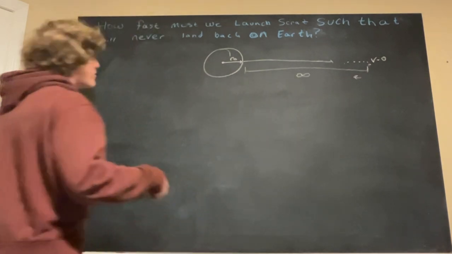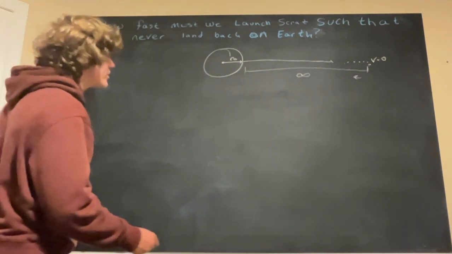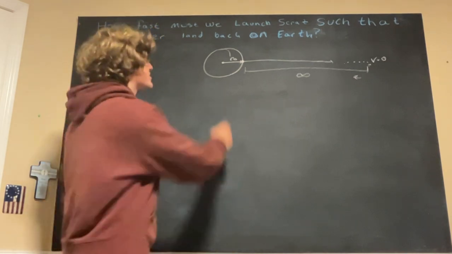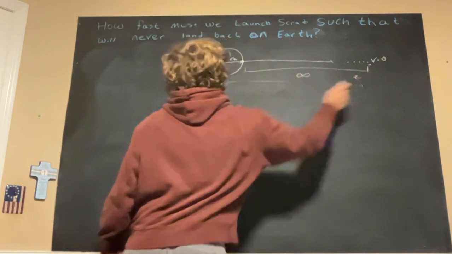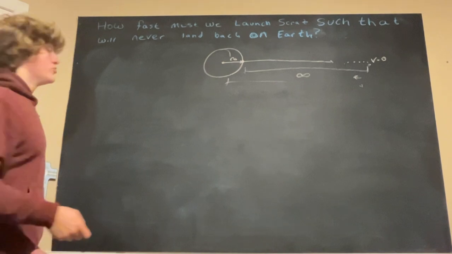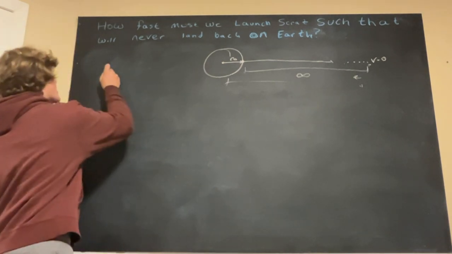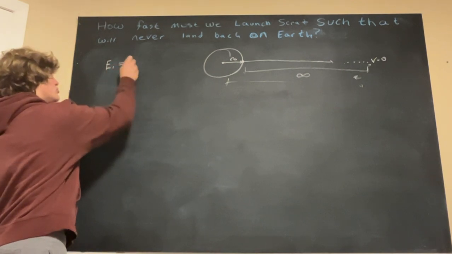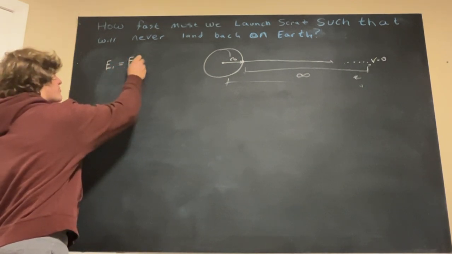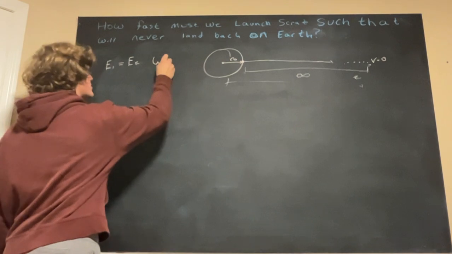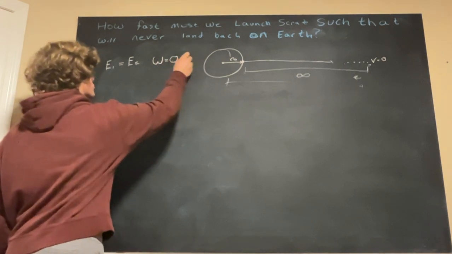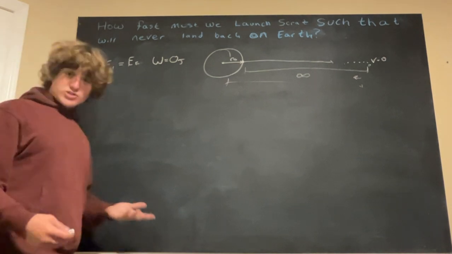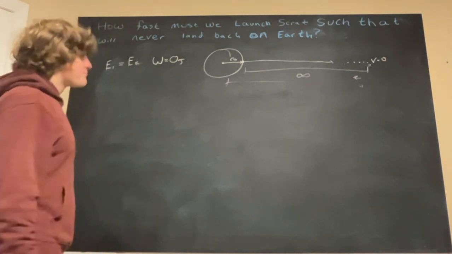Now, in order to get started, we are going to look at how much energy he has initially, which, since there are no net forces on this system, must also be equal to how much energy he has at the end. So we have E_i is equal to E_f, and work is equal to 0 joules. These two statements are saying the same thing: there's no net force on the system.